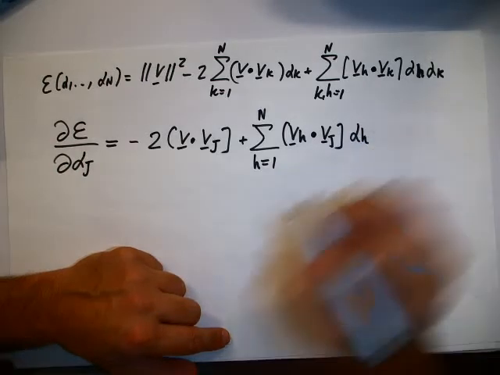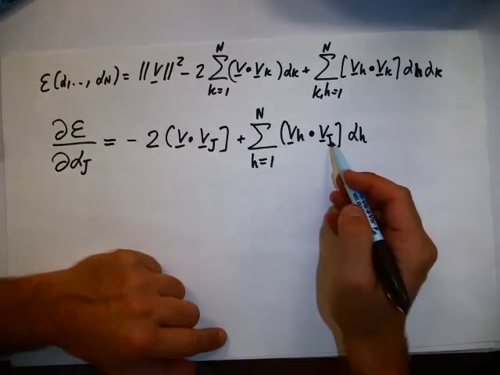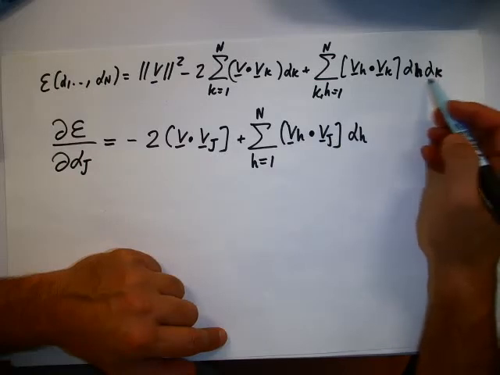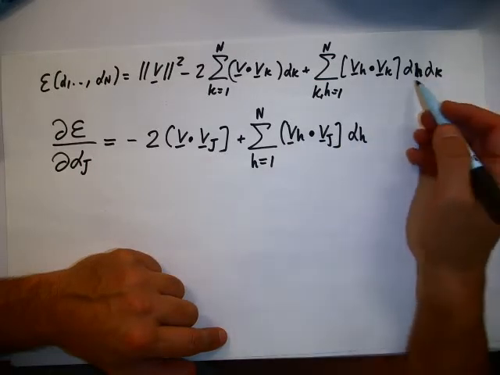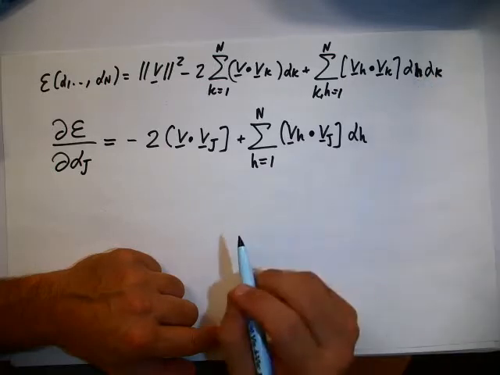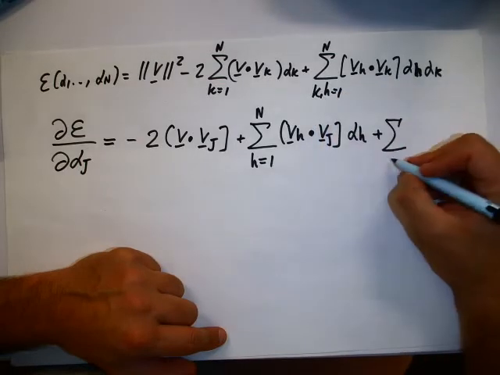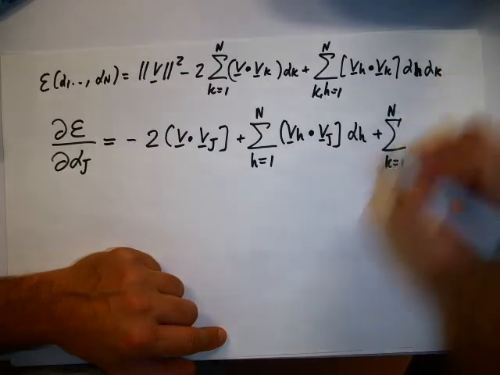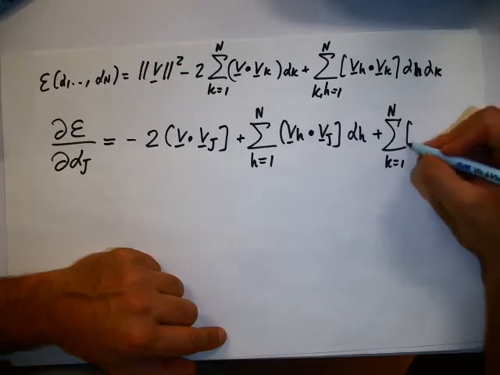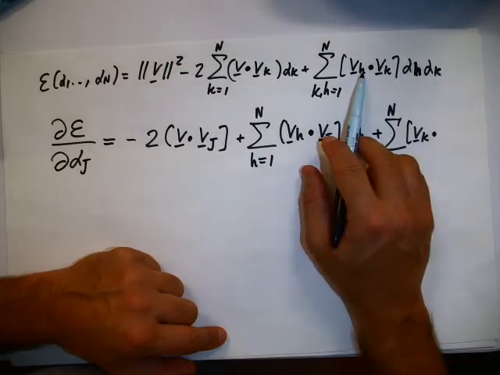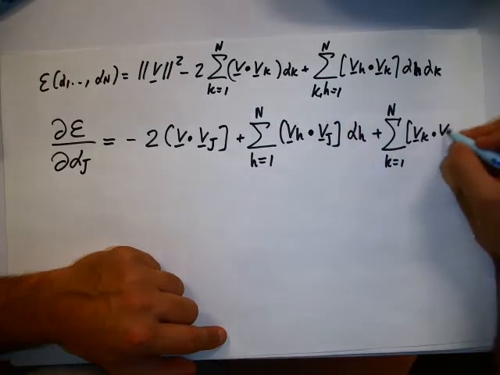Because the derivative is with respect to k, I will end up with alpha sub h. And then I do the same for the other index, k equal 1 to n. Now among the h terms I only pick the term when h is equal to j. So we'll have v_j alpha_k.